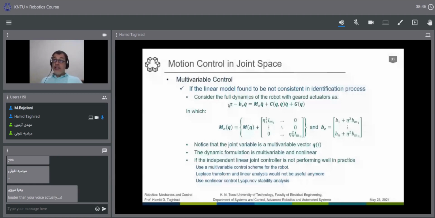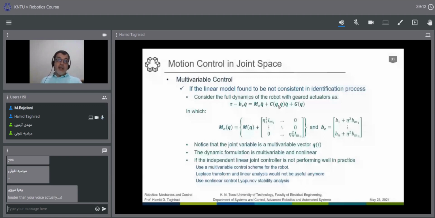Furthermore, it is nonlinear, because as you see this gravity part, it is really difficult, and we should take care of that. It depends on the sine of Q, cosine of Q, depending on the structure of the robot.